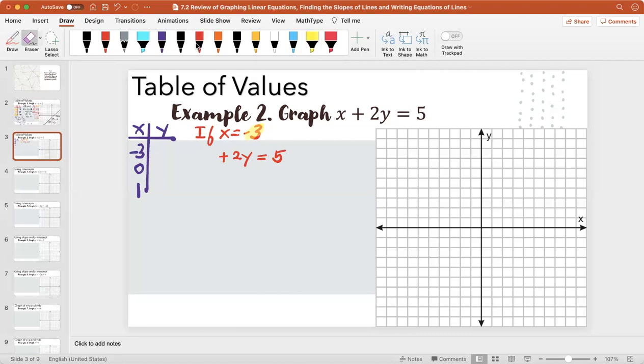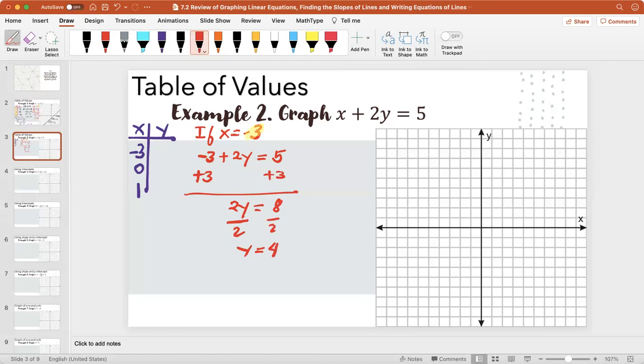And so this is now -3. Your x is now -3. It is +3 +3. So what do we have there now? This is 2y. 5 plus 3. You have 8. Divide by 2 both sides. Your y will be 4.